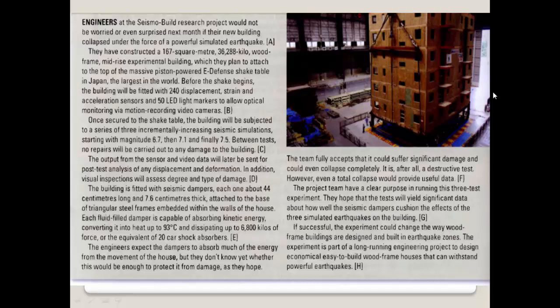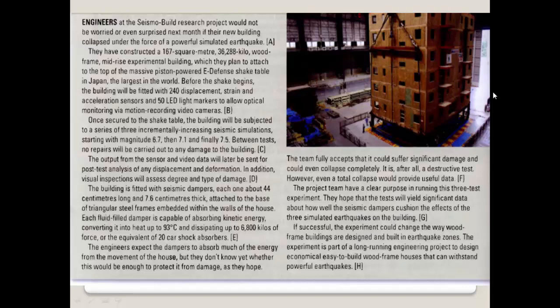So cameras are also installed, to see in passage B. Once secured to the shake table, the building will be subjected to a series of 3 incrementally increasing seismic simulations, starting with magnitude 6.7, then 7.1, and finally 7.5. Between tests, no repairs will be carried out to any damage to the building. This is passage C. The output from the sensor and video data will later be sent for post-test analysis of any displacement and deformation. In addition, visual inspection will assess the degree and type of damage.